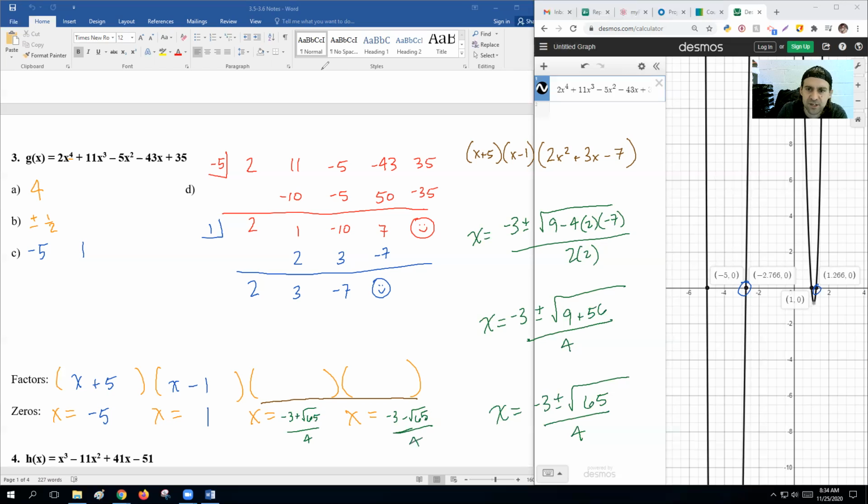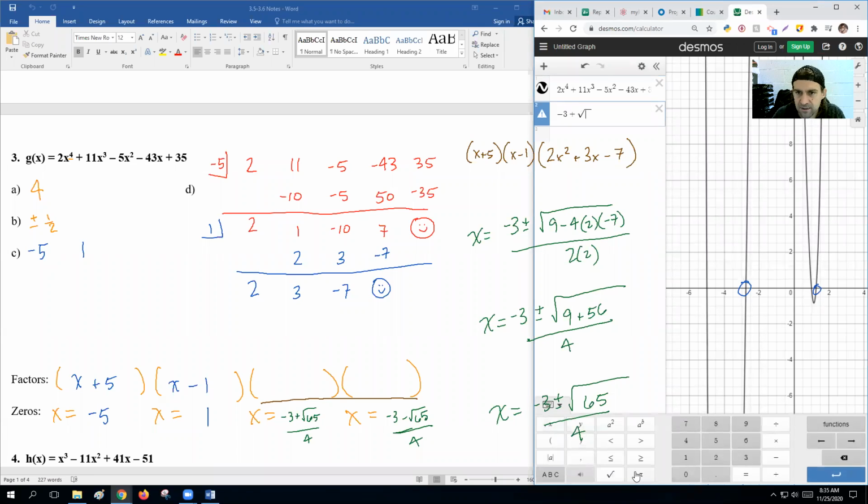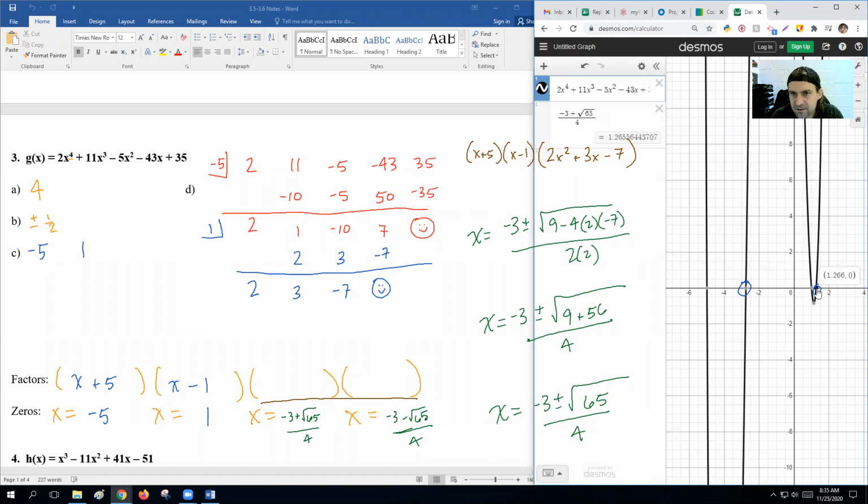And if we want to double check, it's kind of hard to see, but I'm going to just type one of those answers in Desmos. Negative 3 plus, how do I get the square root here? Square root 65. And we're going to divide this all by 4. I get 1.265. And if we remember, that's exactly what that is right there. All right. And then how do we write this?